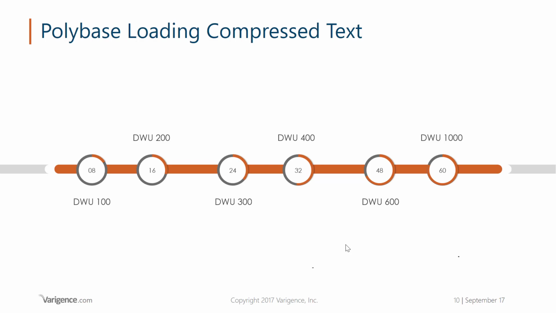The reason I have this slide up here is, let's just look at the data warehouse unit 100 here. What that means is that the 08 in the middle there means that if you've configured data warehouse unit 100, Polybase will have 8 readers. In other words, it can read 8 files in parallel.